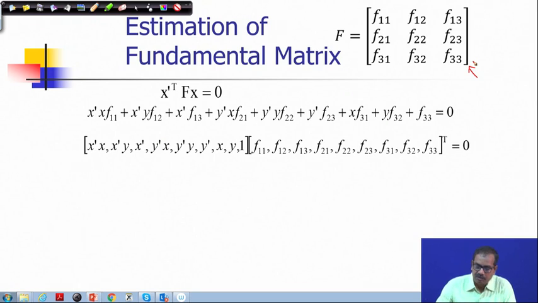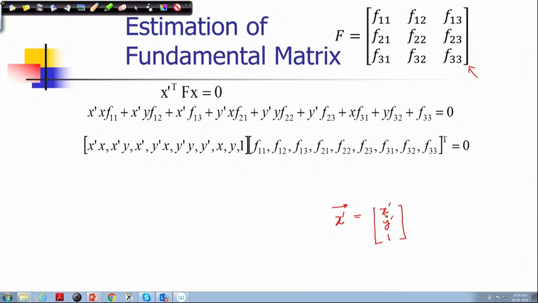Also consider the column vector notation of a point. For example, x prime is given by x prime, y prime, 1. In our convention, its x coordinate is also denoted by x prime, a scalar quantity, then the y coordinate and 1.